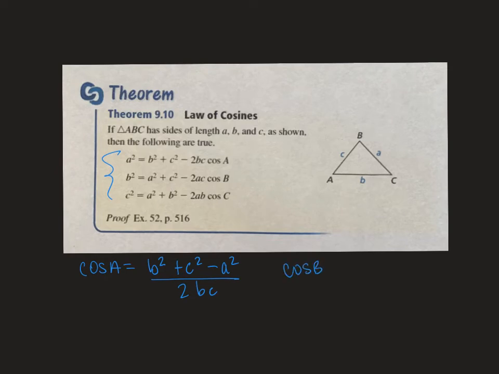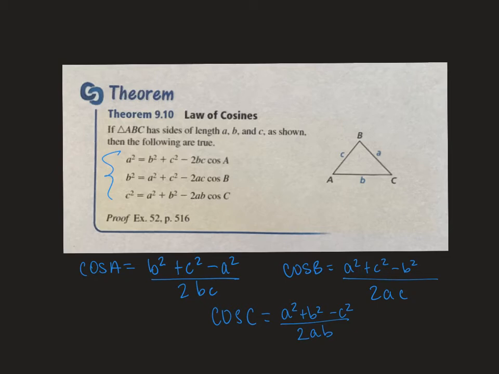The cosine of B would be a squared plus c squared minus b squared all over 2ac. And the cosine of C would be a squared plus b squared minus c squared over 2ab. So that's just a different set of formulas that you can use to solve for your angles.